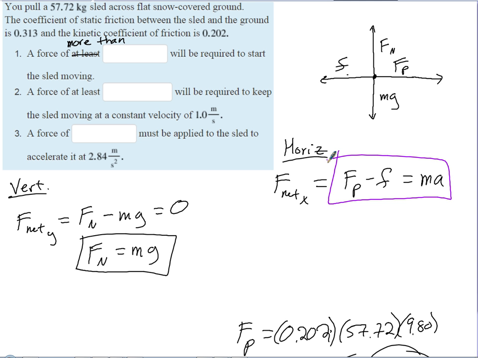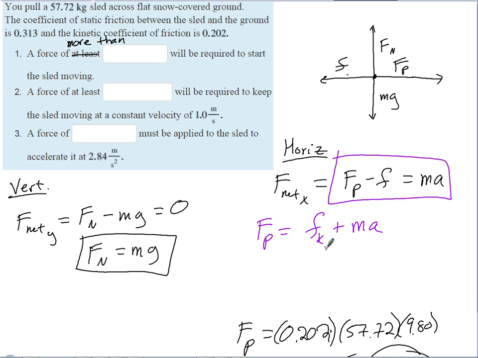To isolate F sub P in this equation of motion, what's the only thing I have to do? Just add the friction to the other side of the equation. So the pulling force just equals friction plus ma, and that's kinetic friction.